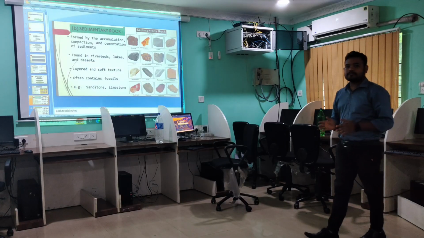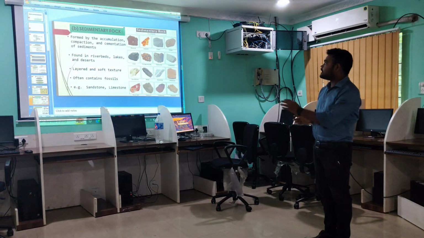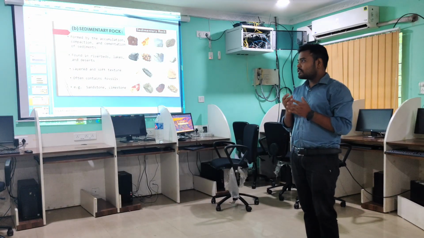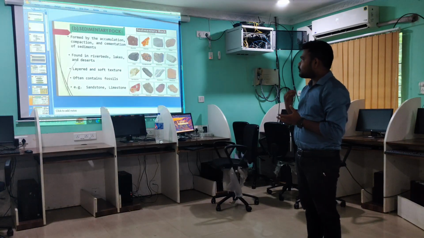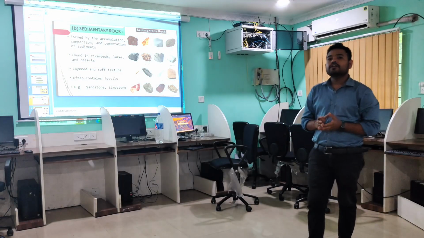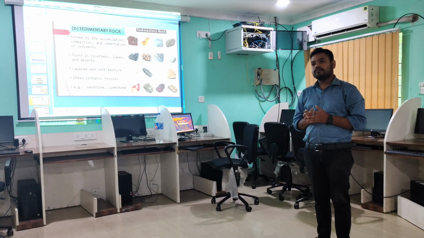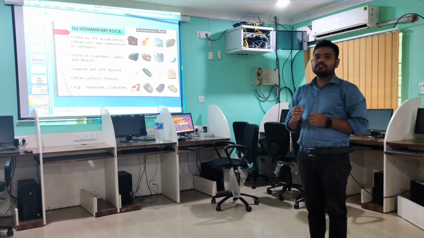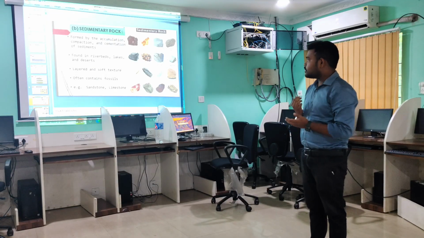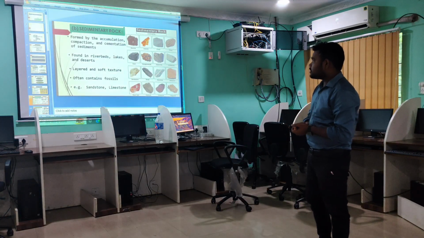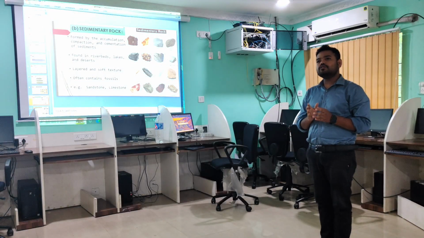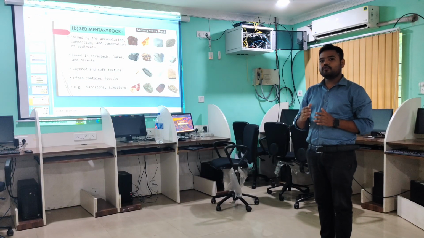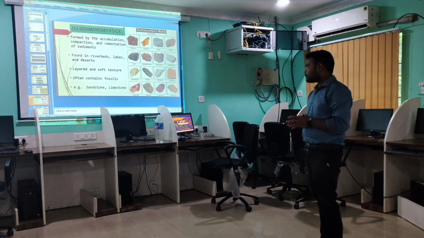Then we discuss sedimentary rock. Sedimentary rocks are formed from sediments. The sediments are accumulated and compacted to form a sedimentary rock. The processes of accumulation, consolidation, cementation, compaction, diagenesis and lithification are involved in forming a sedimentary rock.